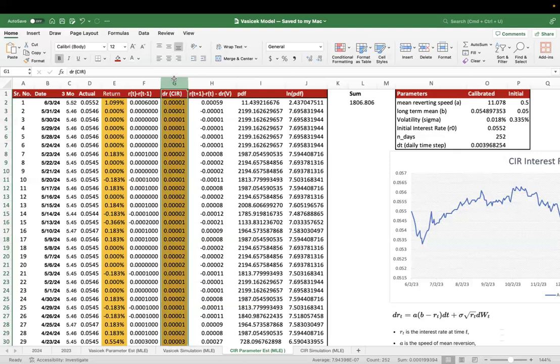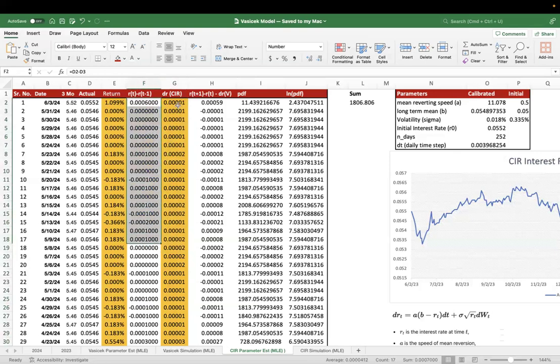We are trying to simulate the interest rates. So during the calibration piece, we need to make sure that the change in interest rate using the CIR model is very close. These values should be very close to what we see here.